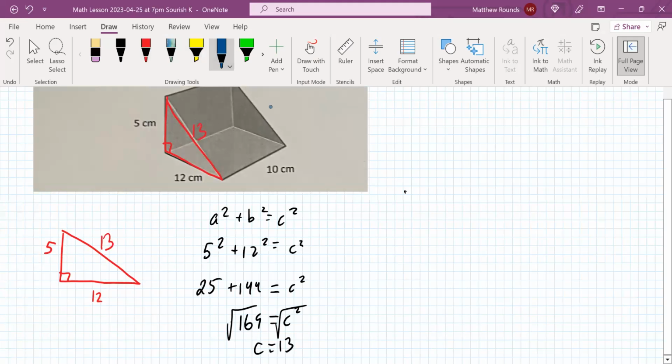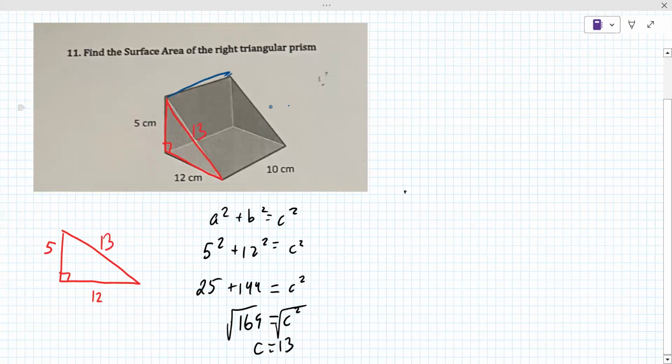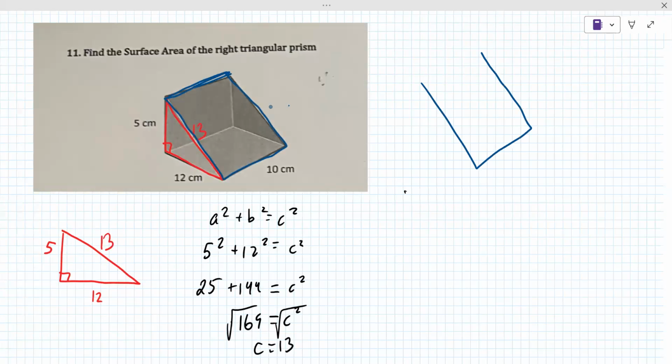All right, so now I'm going to draw this rectangle right here. This is 10 and this is 13. Do you see that? There's that top, 10. Yeah, okay.